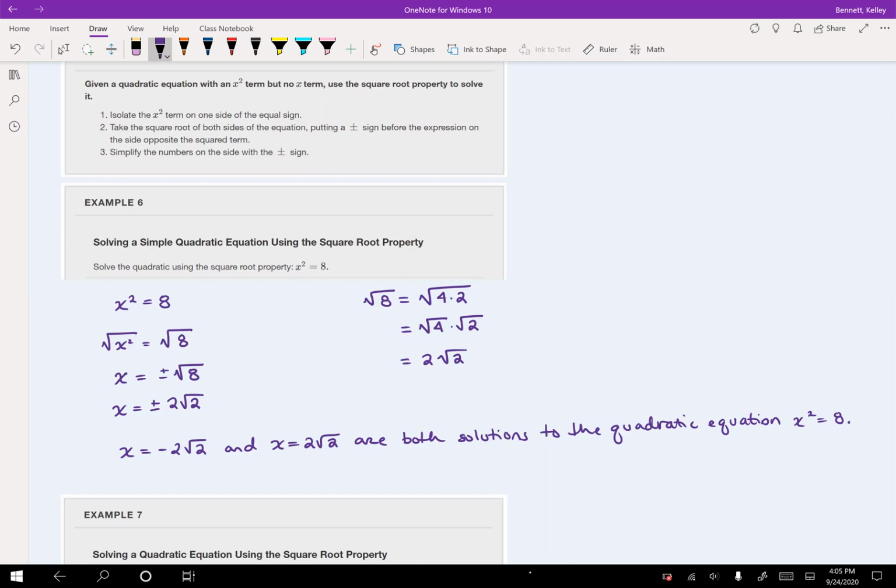So both of those, the negative and the positive version, they're both solutions to the quadratic equation.